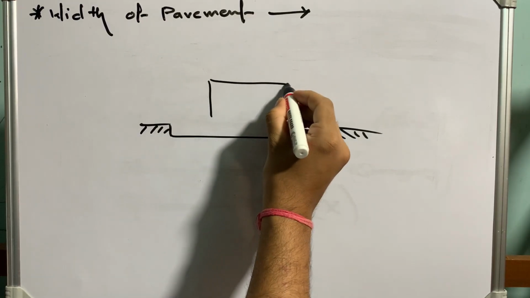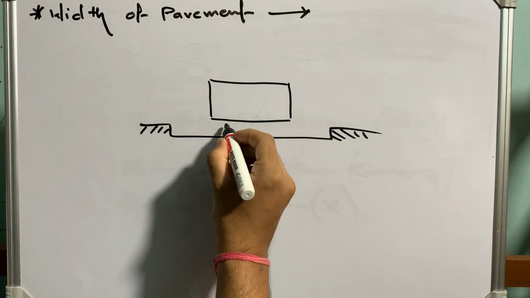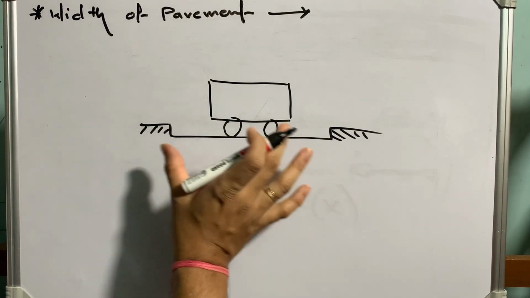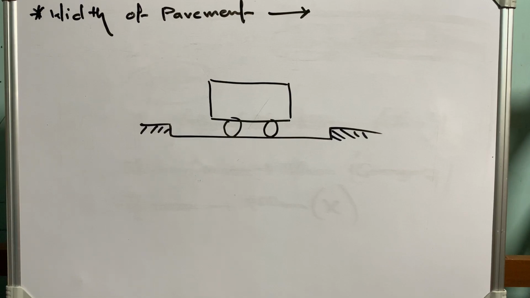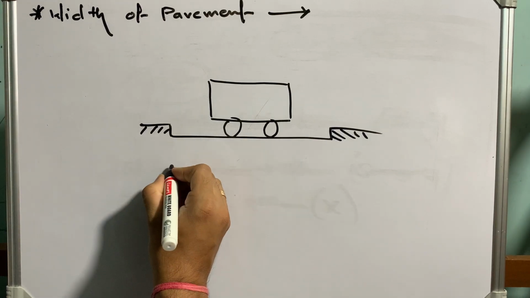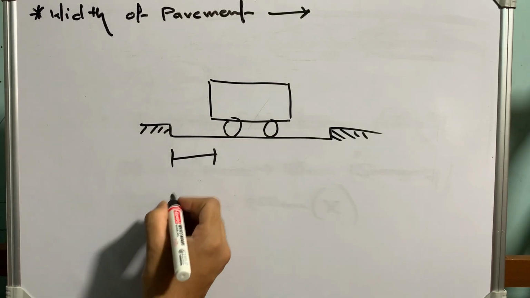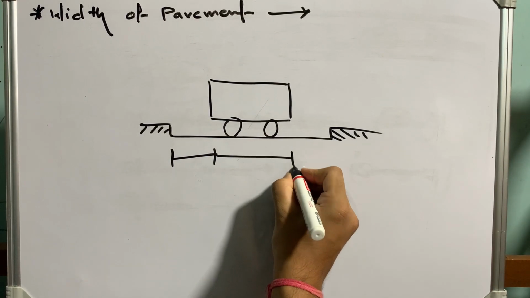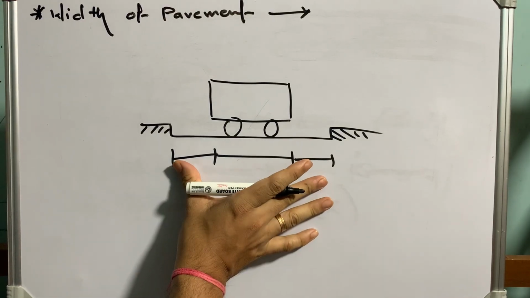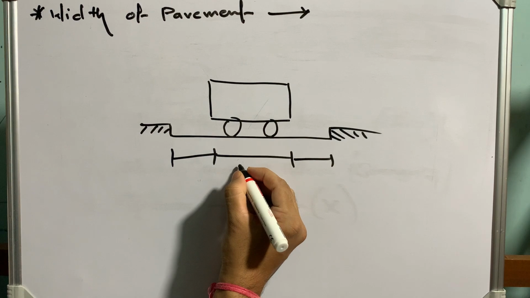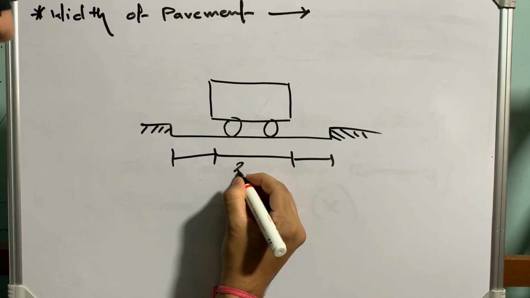For that, you have to know, as per transportation engineering or highway engineering, the standard width of a vehicle. Let me draw it properly for you. Let's suppose this is a road and we have a footpath on both sides.